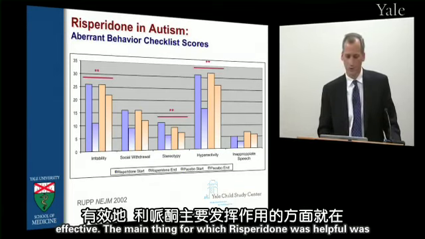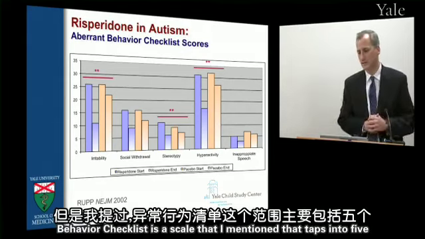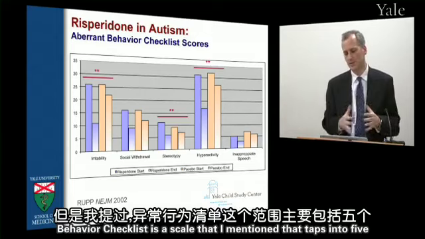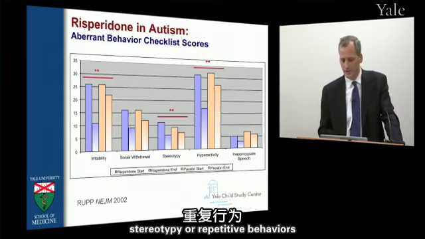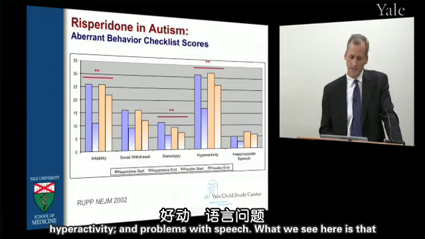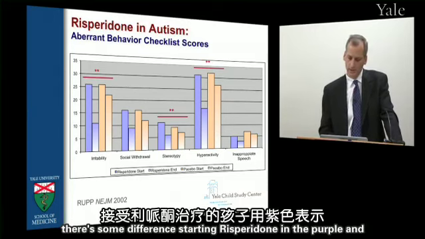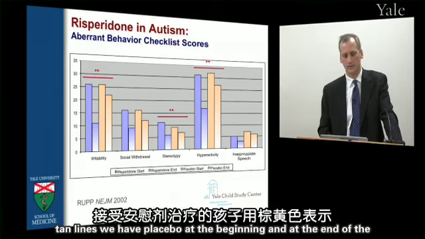The main thing for which risperidone was helpful was irritability, this aggression type of behaviors. But the aberrant behavior checklist, this scale that I mentioned, taps into 5 different domains: irritability, social withdrawal, stereotypy or repetitive behaviors, hyperactivity, and problems with speech. And what we see here is that there's some difference, starting risperidone in the purple and risperidone at the end of treatment, both in the purple line, and in the tan lines we have placebo at the beginning and at the end of the treatment.